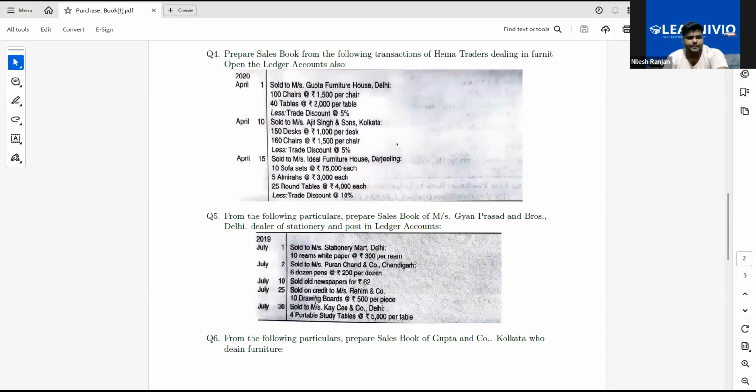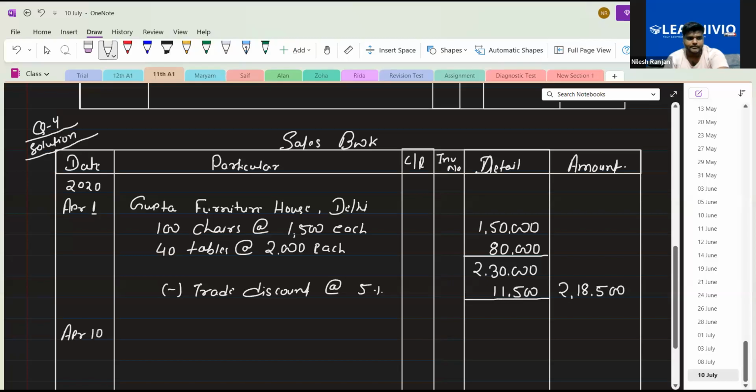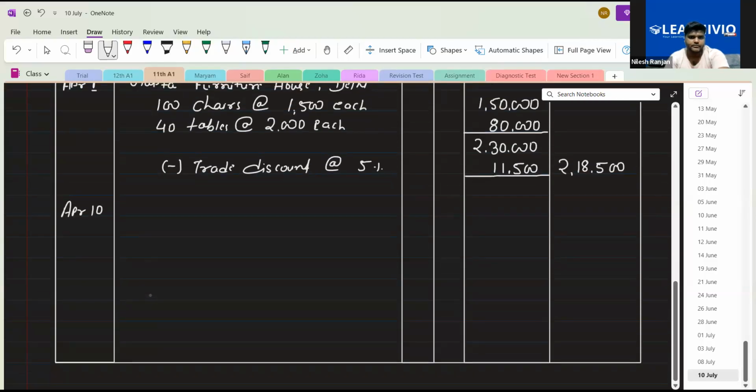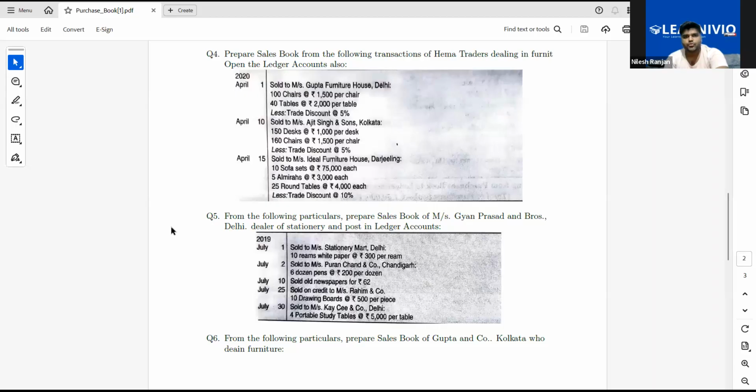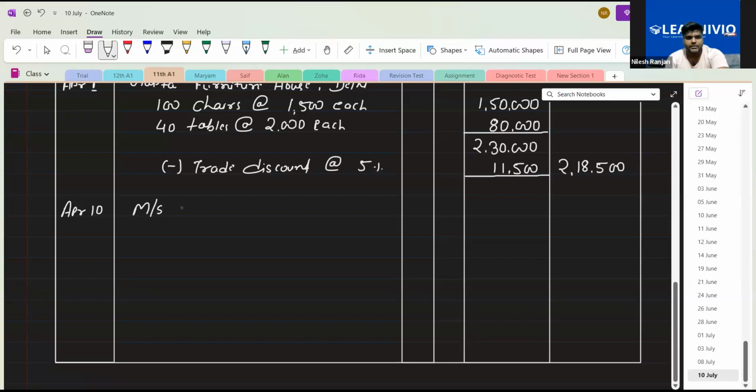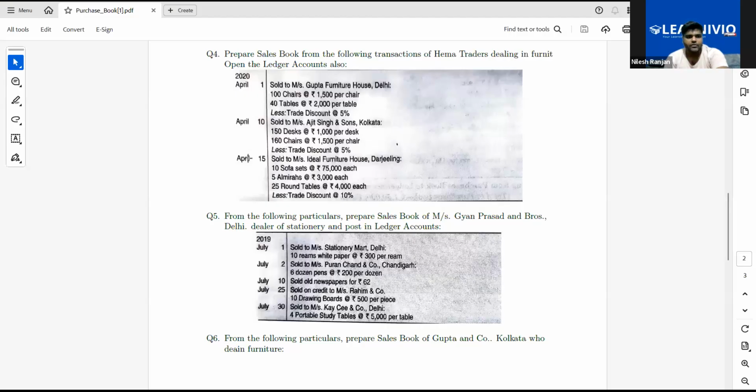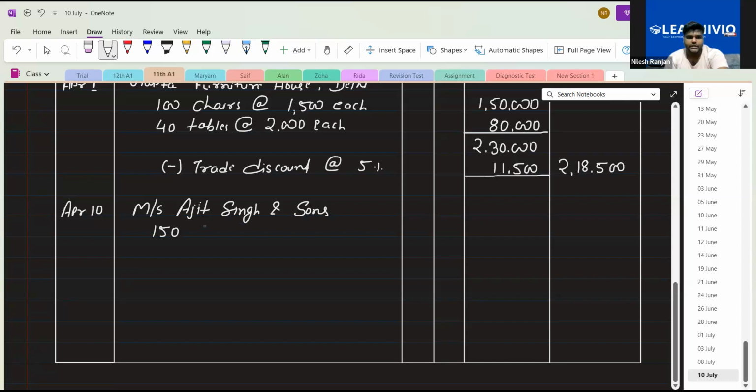April 10. Sold to Messrs. Ajit Singh and Sons. So Messrs. Ajit Singh and Sons. 150 desk at the rate 1000 per desk. 150 desk at the rate 1000 each.